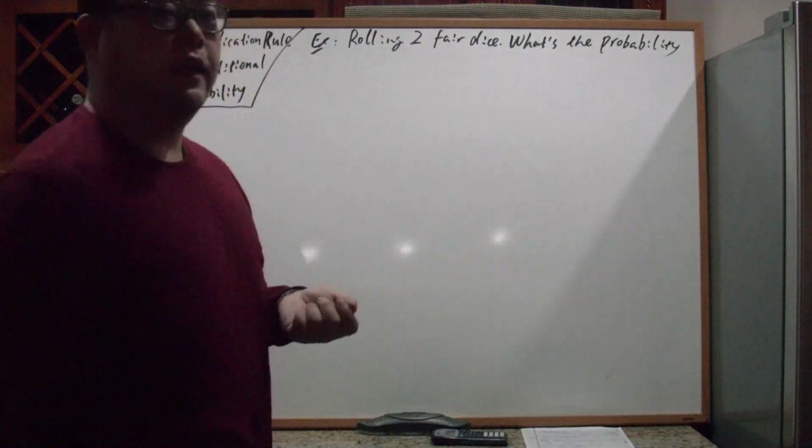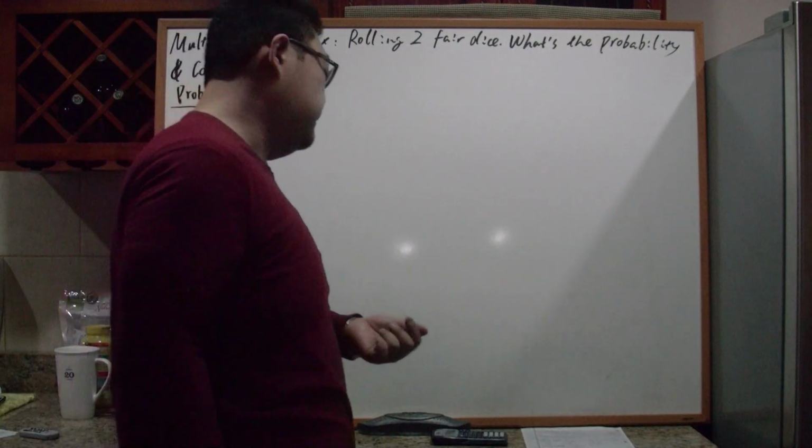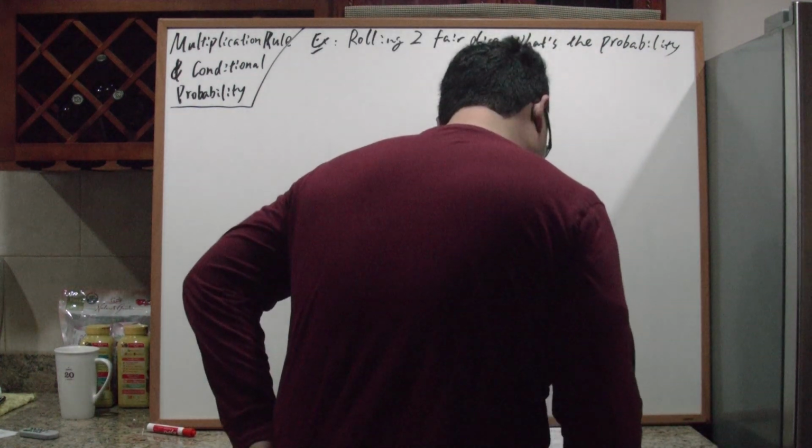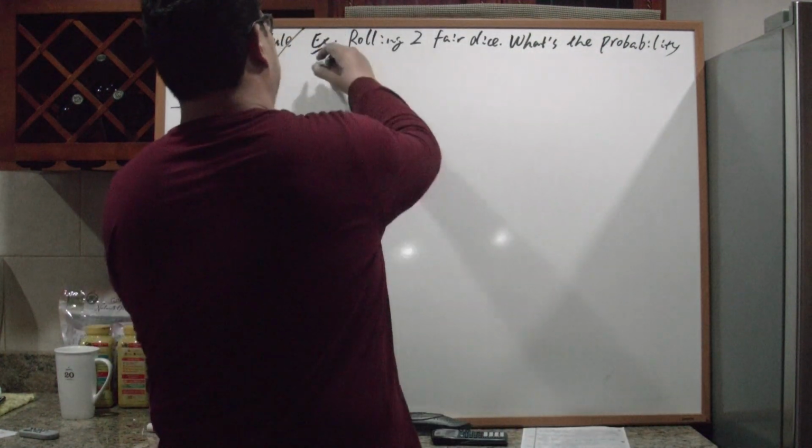Well, now rolling 2 fair dice. What is the probability that the sum is 7?